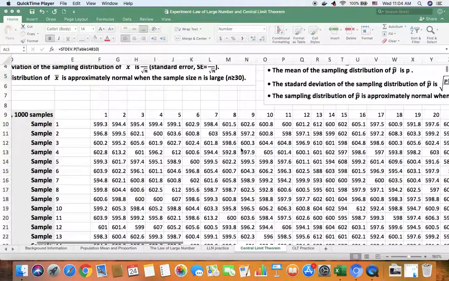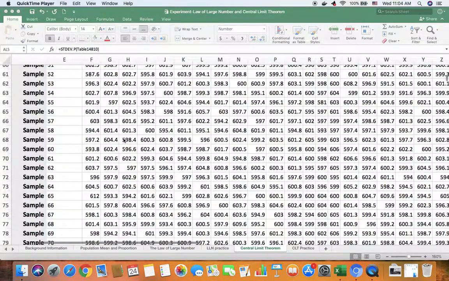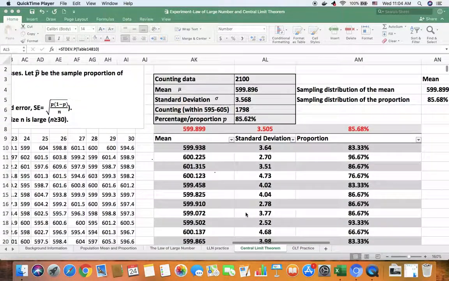And then draw the information from these 1,000 samples. This is our 1,000 samples. Let's come over here. We calculate the mean of the 1,000 samples, the standard deviation, and the proportion of these 1,000 samples.